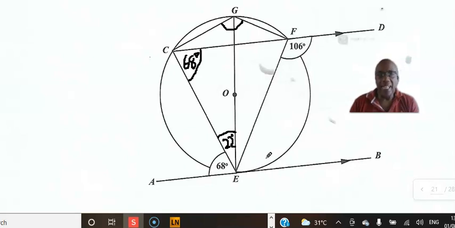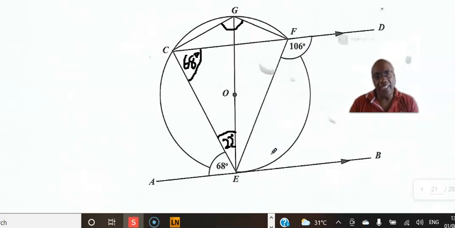Because this angle here plus the angle up here, these two angles are what we call co-interior angles of parallel lines. And co-interior angles of parallel lines add up to 180 degrees.